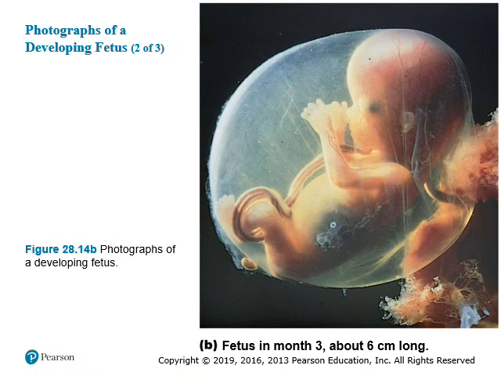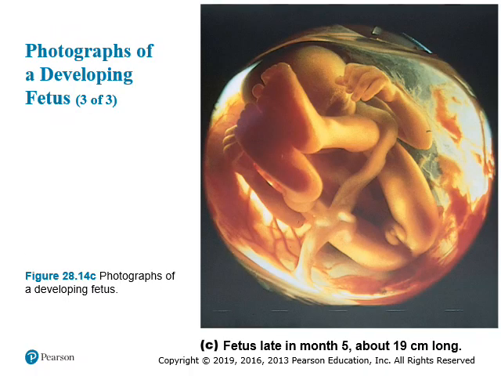And here you have a picture of a developing fetus at 3 months, and it's about 6 centimeters long. And here's another fetus that's late in its 5th month, and it's about 19 centimeters long.